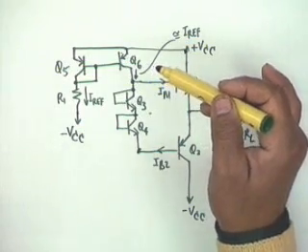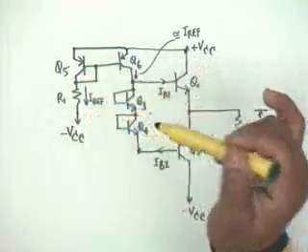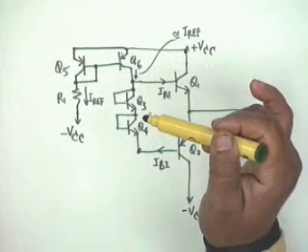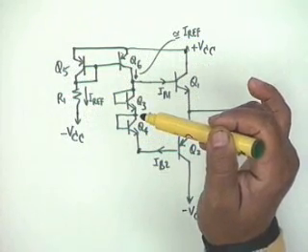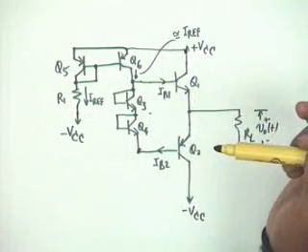And therefore, since current levels are not important, these transistors can be made with much less junction area than these two transistors. Why much less?